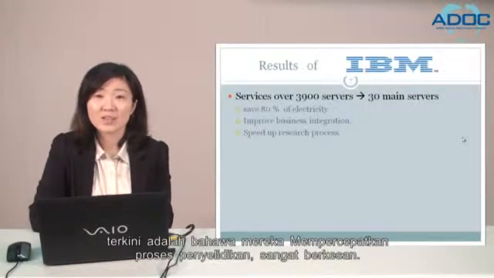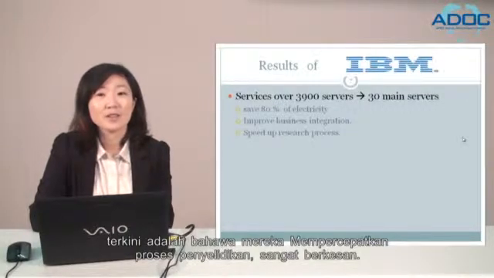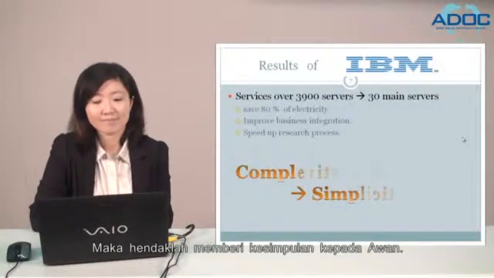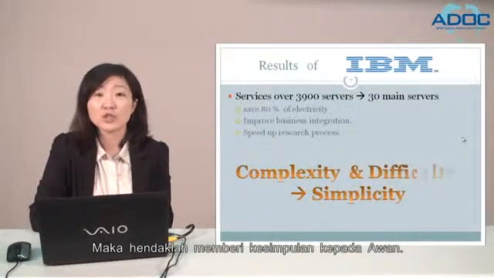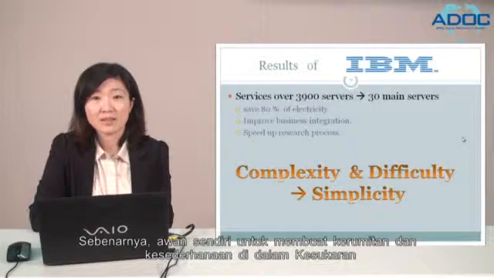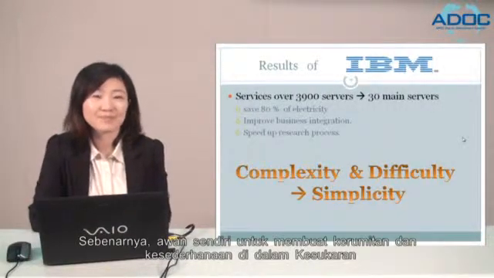The last one is that they speed up the research process, very time effective. So let's give a conclusion to cloud. Actually, cloud wants to turn complexity and difficulty into simplicity.